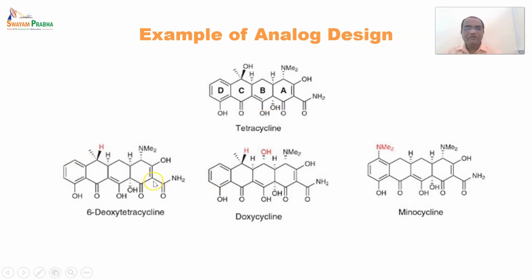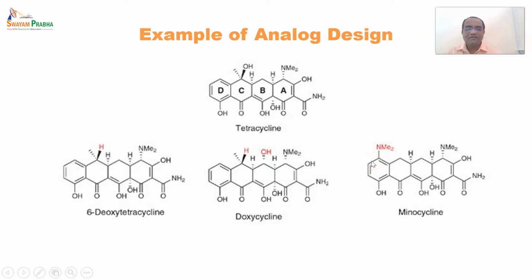Either the potency of the drug has been increased, or some pharmacokinetic parameters like absorption, distribution, metabolism, and elimination have changed. So there is a slightly different pattern in this structure compared to tetracycline, and many times this happens through the use of different groups.